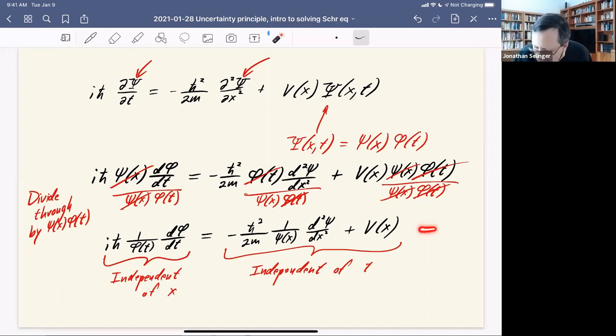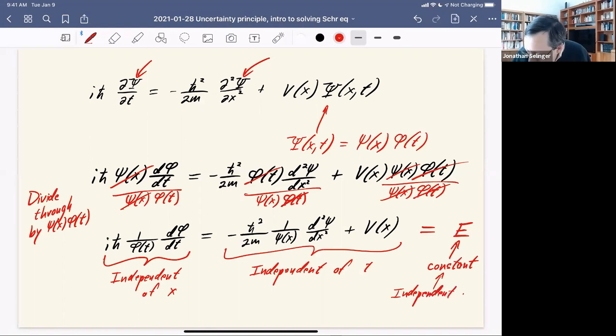So we will set both of them equal to a constant, which I will call capital E, for reasons which I won't tell you now, but I'll tell you later. So this has to be a constant, which is independent of x and time.